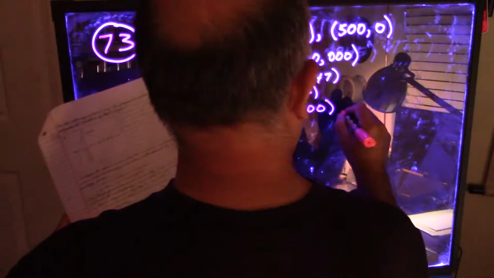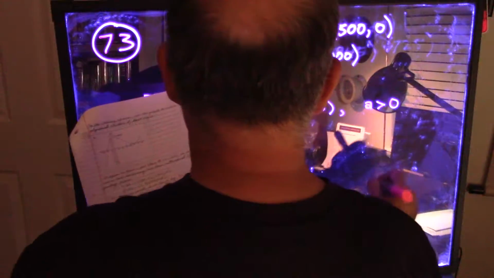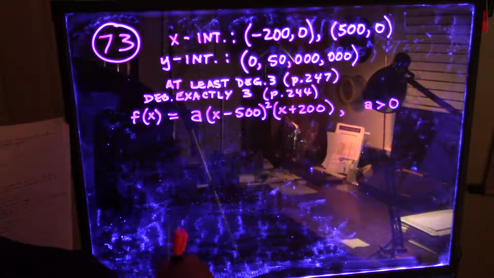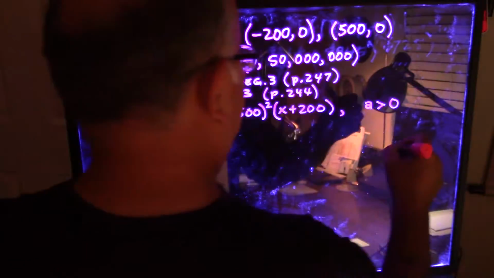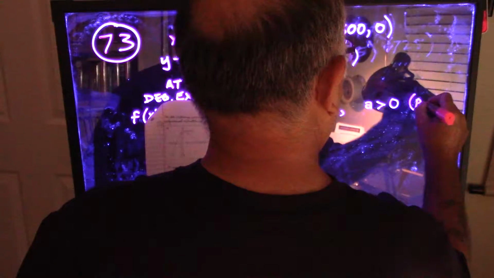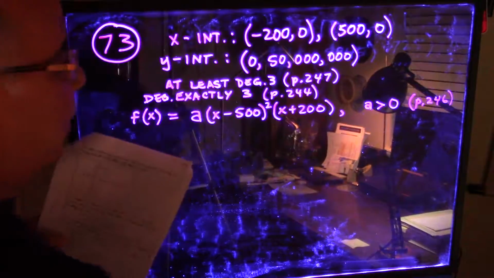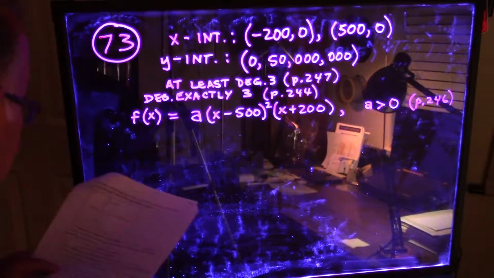Okay, and a must be positive. Using this information here, degree 3, and the end behavior, and you look on page 246 to put all that info together, and they will tell you how to do that, all right, if you don't already know.